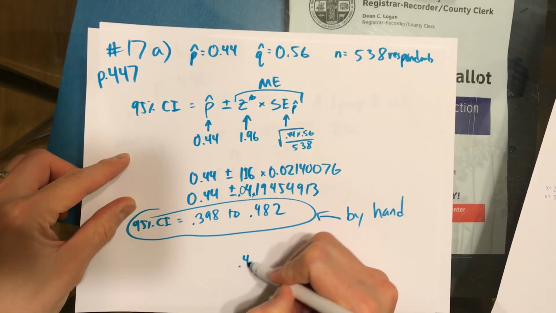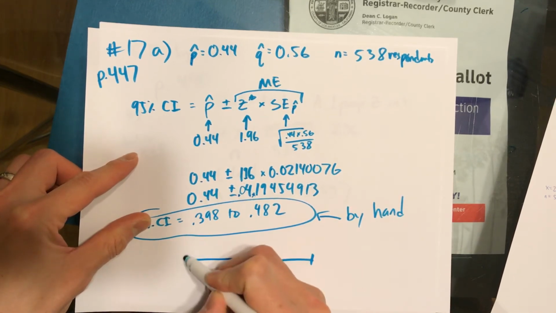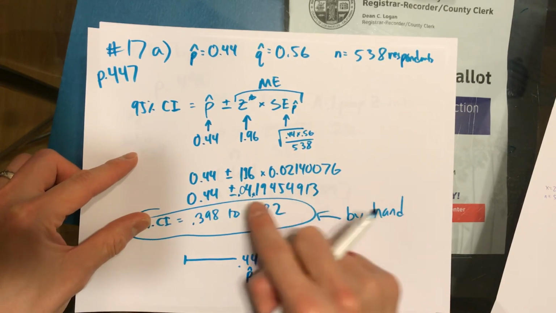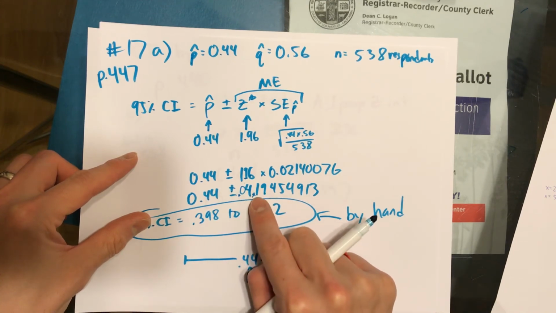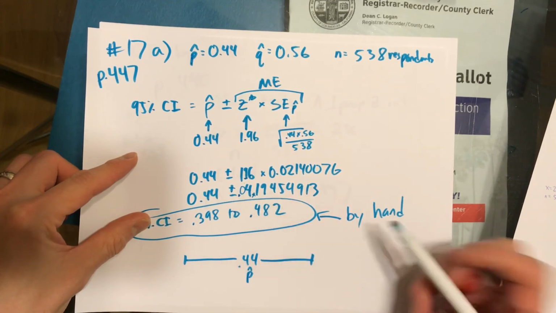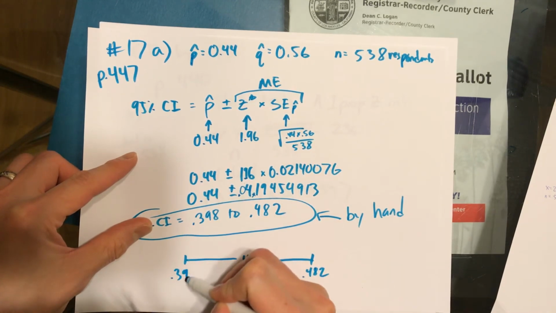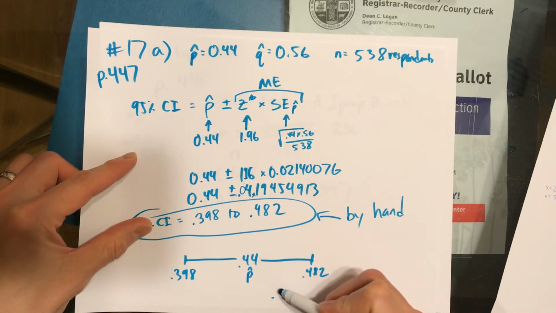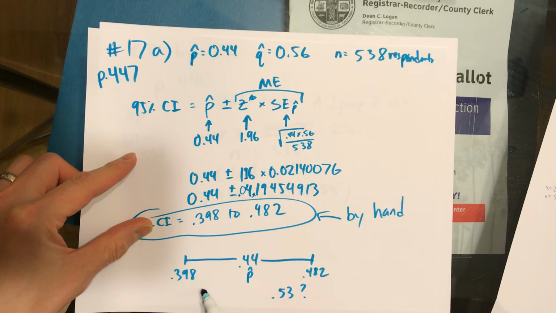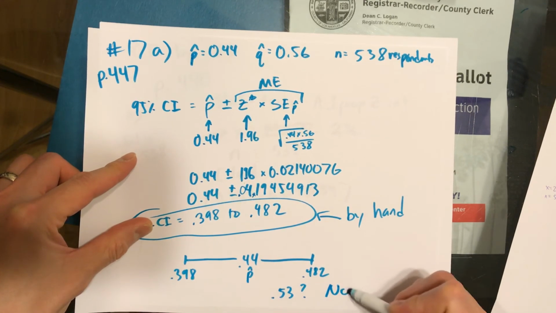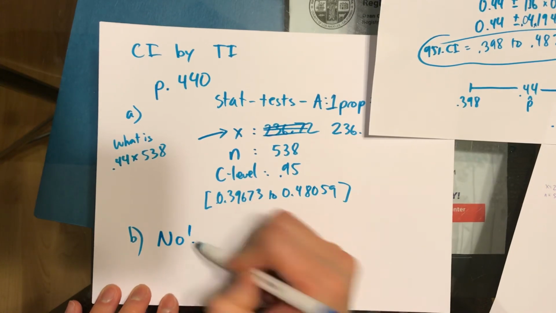If this is 0.44, this is your p hat, okay, with the margin of error of 0.0419, etc. This goes to 0.482, 0.398. They're asking, is 0.53, like, is that within your interval? Of course not, right? So that's a no. So part B is simply no.